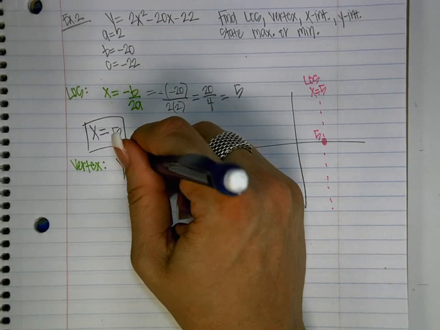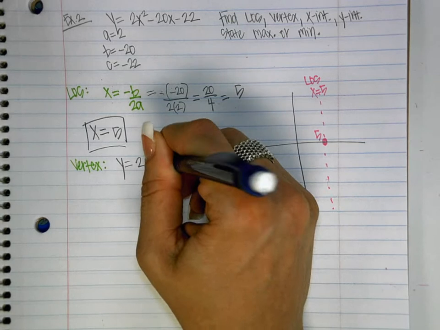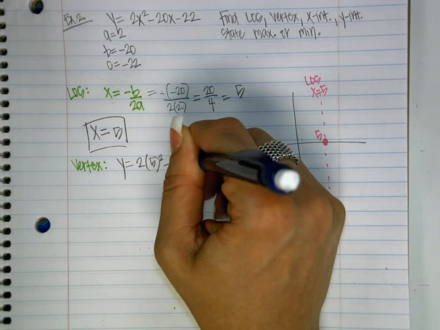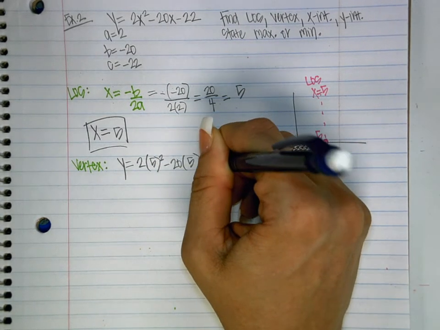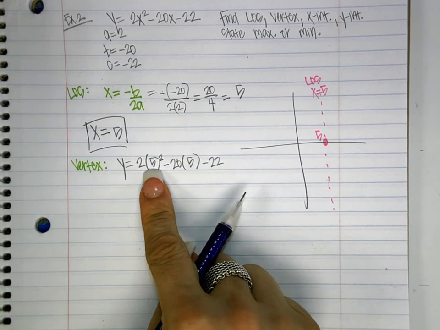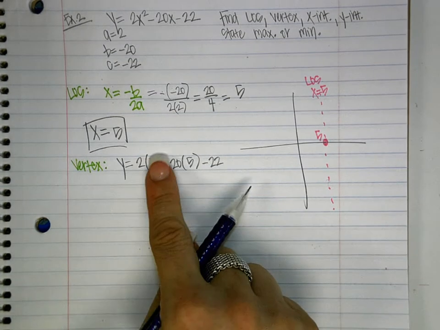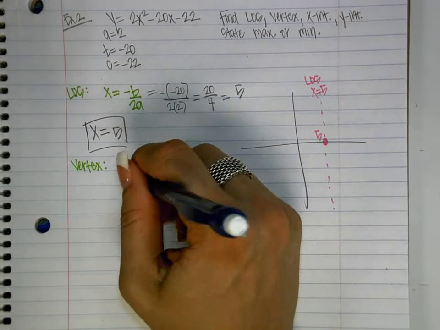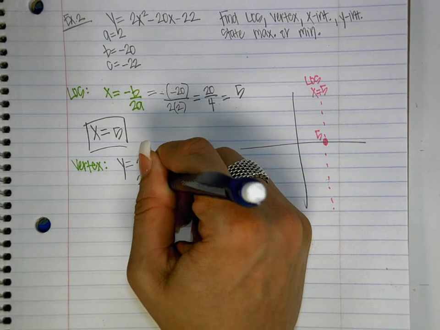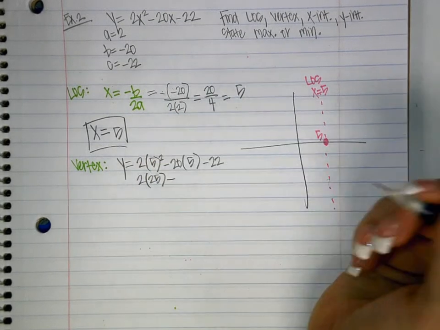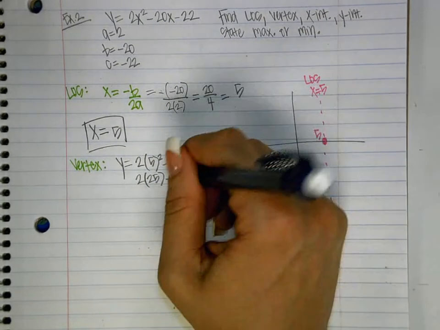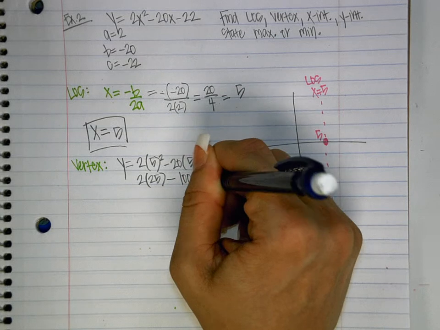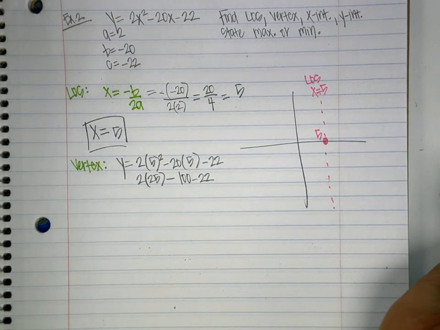So plug in 2 times, we found 5 was x, squared, minus 20 times 5, minus 22. Make sure you do order of operations here, so the square happens first. So 2 times 5 squared is 50, minus 20 times 5 is 100, minus 22.